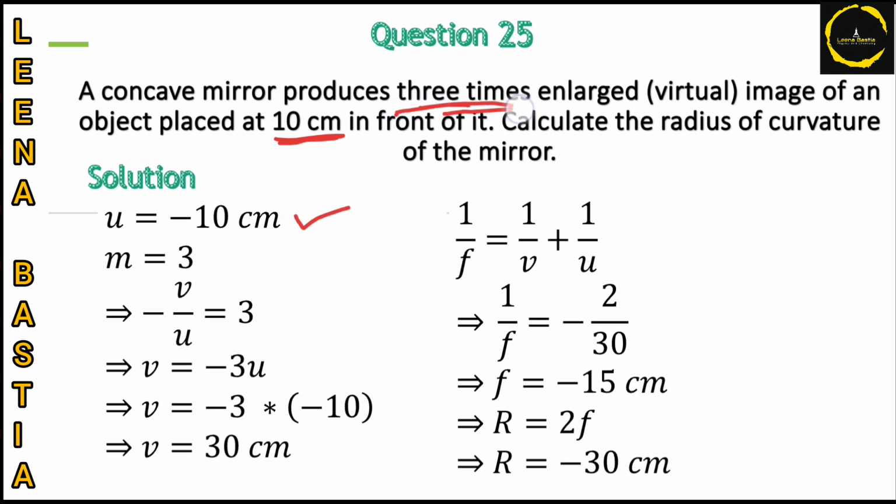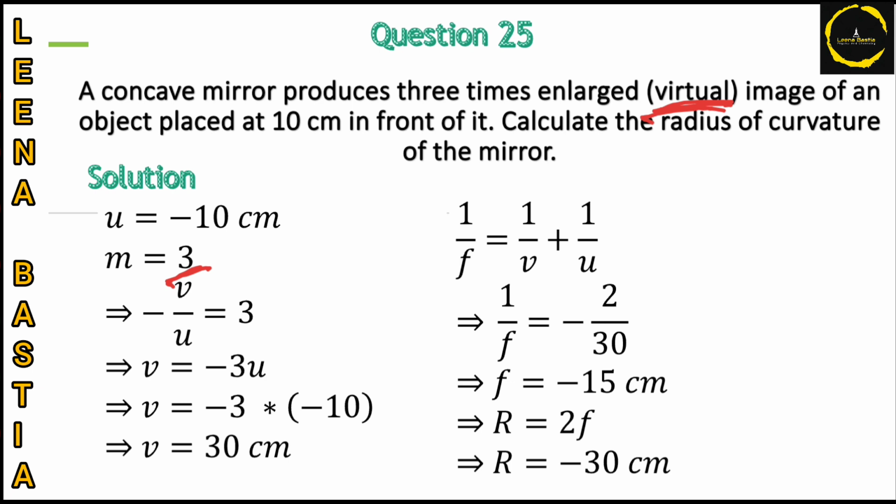Now again, if you remember, in the previous videos I told you, if the object size and the image size are being compared, this is the value for what? It is the value for magnification. So m becomes 3. Whether it is positive or negative, we can write from the type of image. It is virtual, so it will be positive.